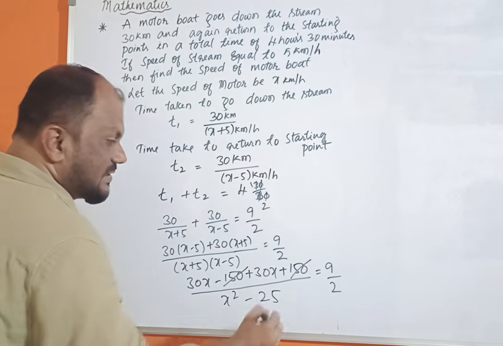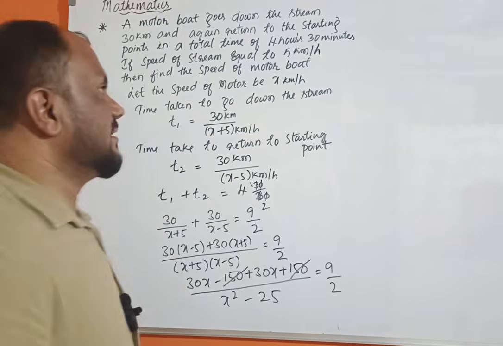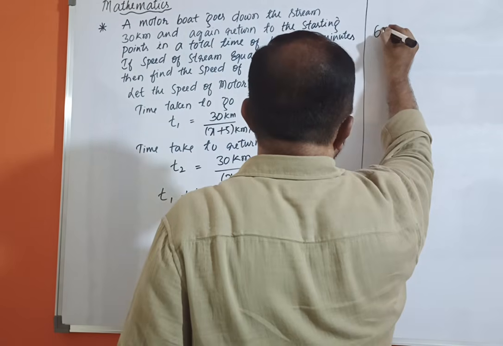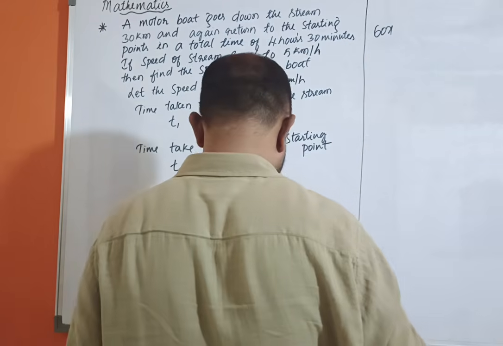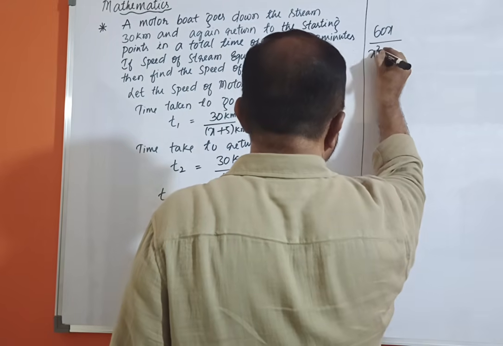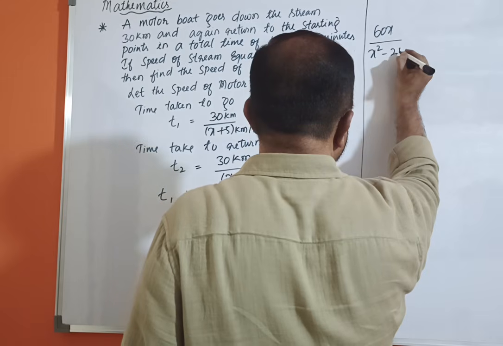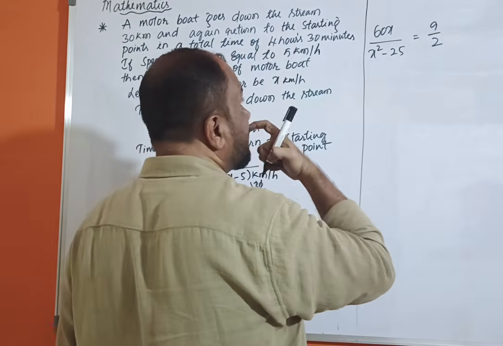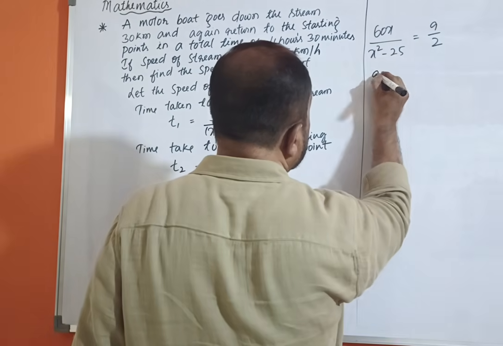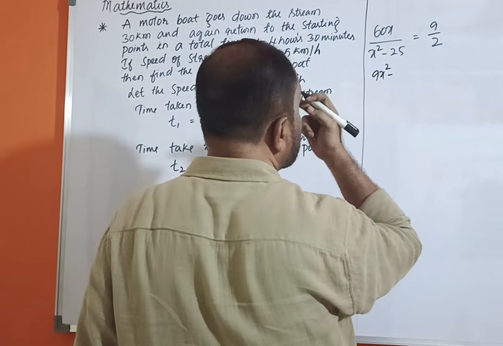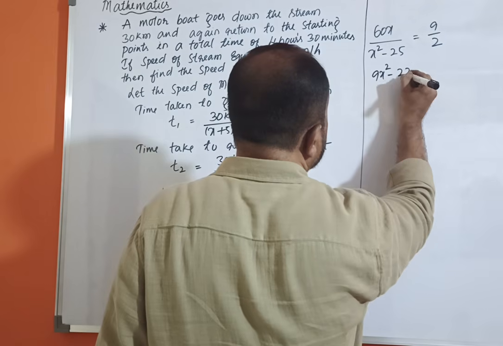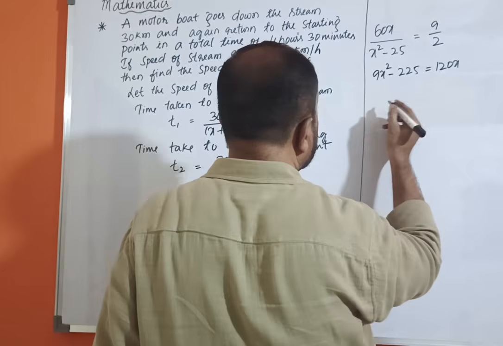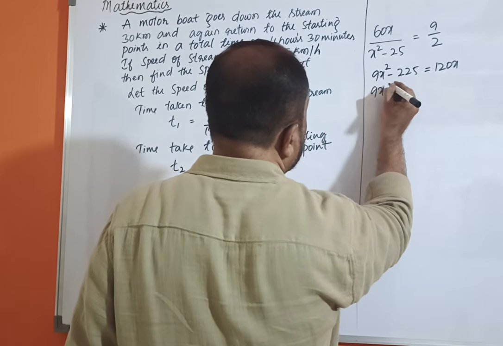So plus 150 minus 150 cancelled. 30x plus 30x is how much? 60x divided by x square minus 25 is equal to 9 by 2. Cross multiply. 9 into x square, 9x square, minus 9 into 25, 225, is equal to 2 into 60 is 120x. So write it in the general form of quadratic equation.